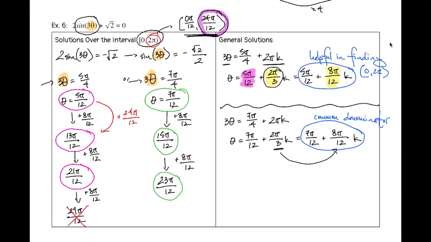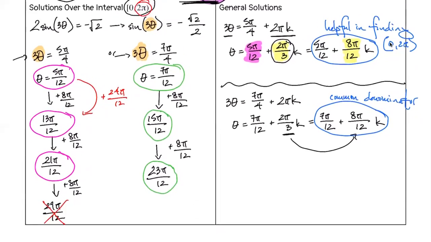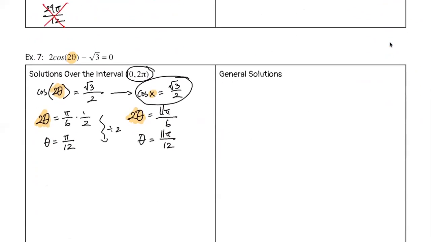But yeah, that's where we need to go back to the general solutions, because we're adding the equivalent of 2 pi if we're counting by threes, which is 2 pi over 3. So you're going to go back and take what you have, and I recommend starting from the 2 pi part.